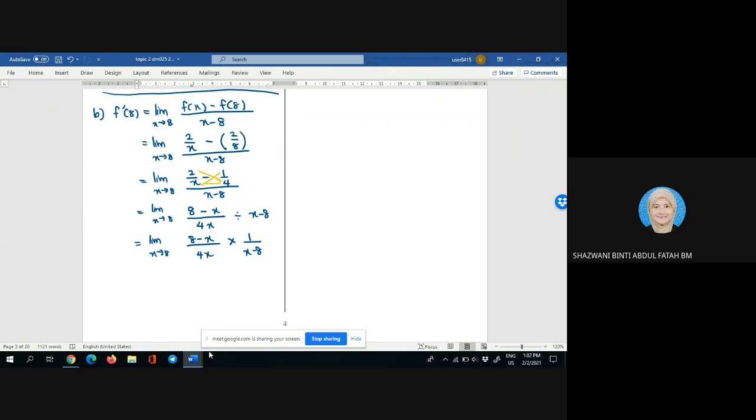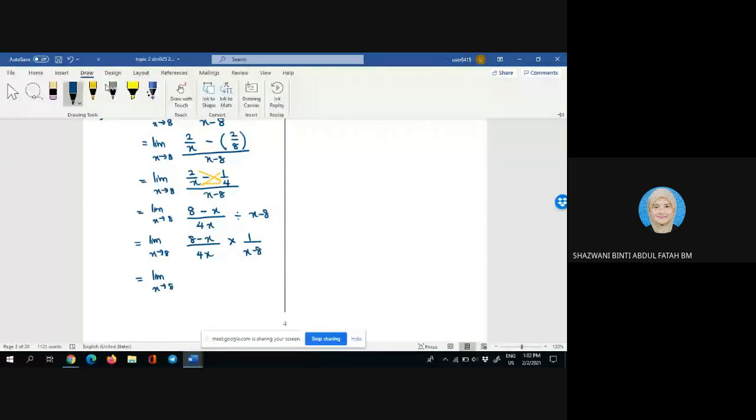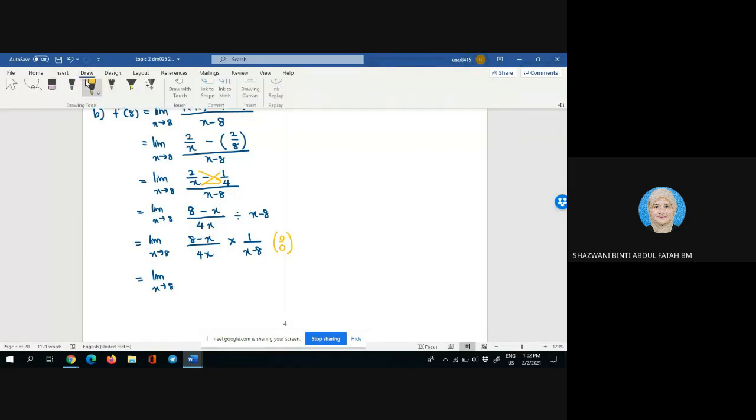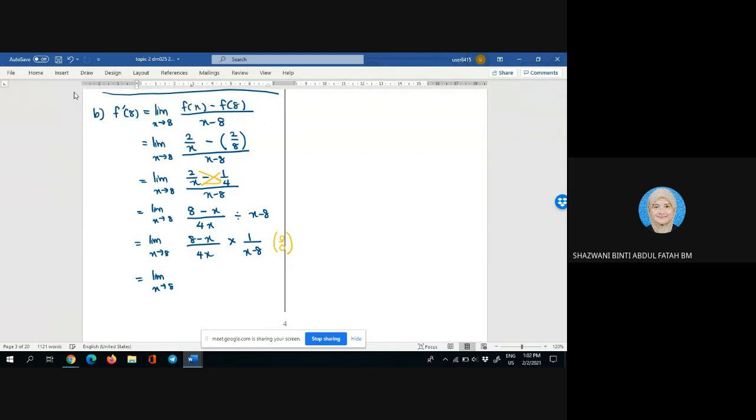Okay, so now dekat sini if you substitute the value of 8, sama juga kita akan dapat 0 over 0. Okay, so that means you need to factorize. Okay, factorize, ingat kita belajar kan topik limit pada topik 1 hari tu. Okay, so now you nak cancel 8 minus x dengan x minus 8, tak boleh.